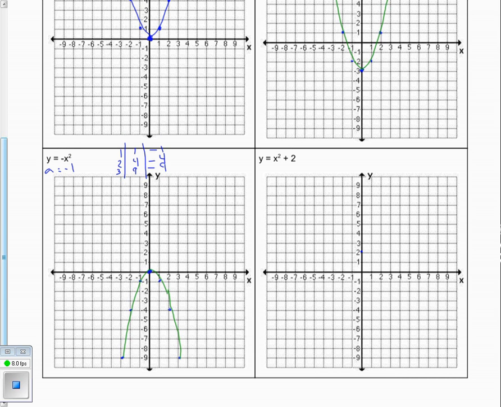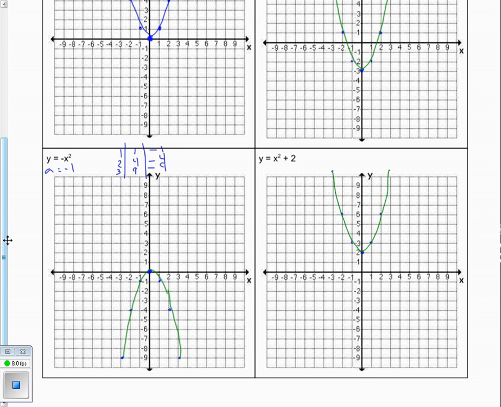From the origin, I move up 2 units, and since my a value is the same, I use my over 1, up 1, over 2, up 4, over 3, up 9 from the vertex. Then I can draw a line that connects them in order to graph it.